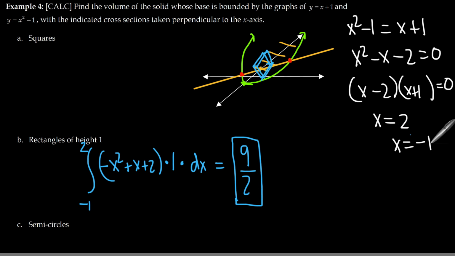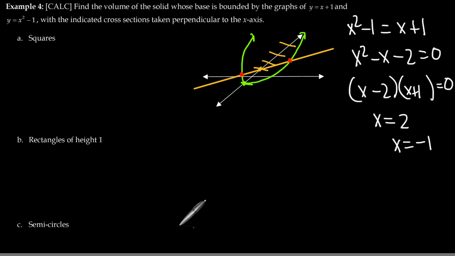Okay, this time we're going to do the exact same problem, except now we're going to use semicircles. So this is the complicated one. I'm going to draw a semicircle. Oops, that's the best I can do there. And there's my semicircle. That's really bad, but I think you get the point.